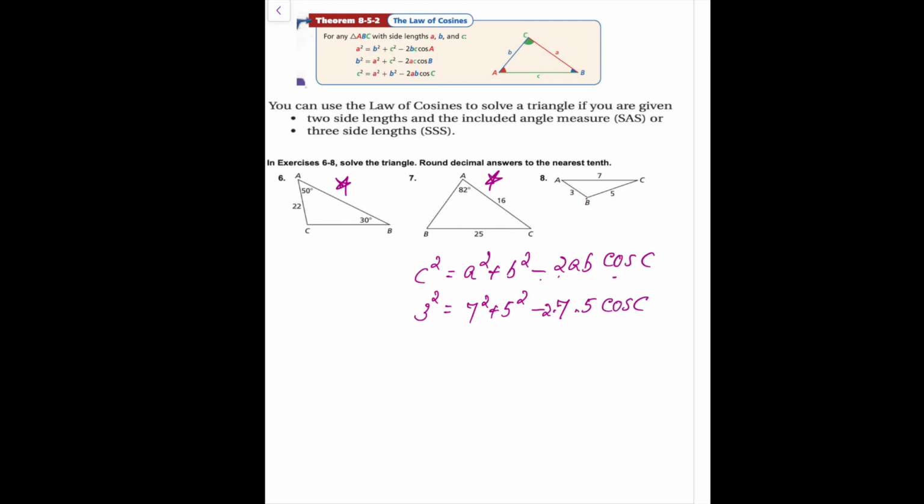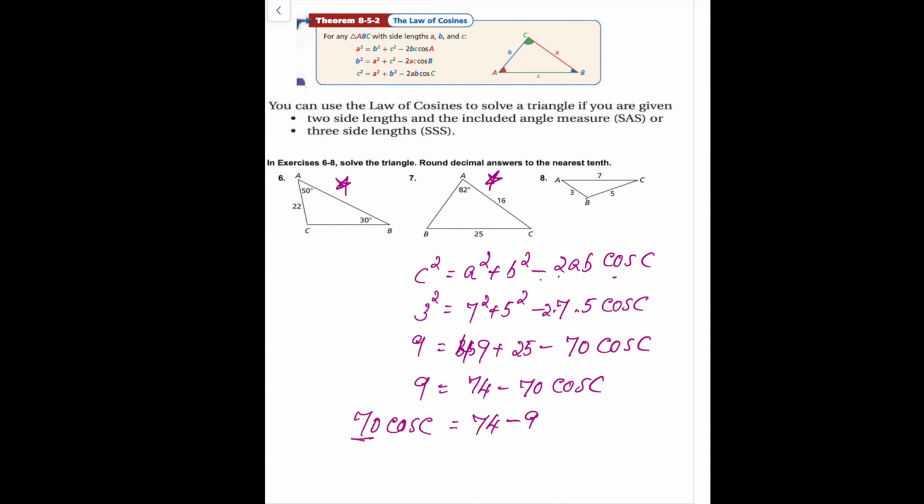So let's do the exponent first. 9 is equal to 49 plus 25 minus 70 cosine C. So you can use the calculator, but be careful to put parentheses and everything to follow GEMDAS. 49 plus 25 is 74 minus 70 cosine C. So 70 cosine C is equal to 74 minus 9, and you can divide both sides by 70.